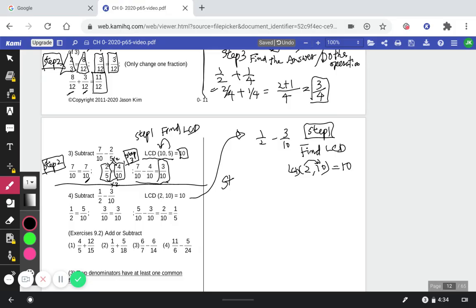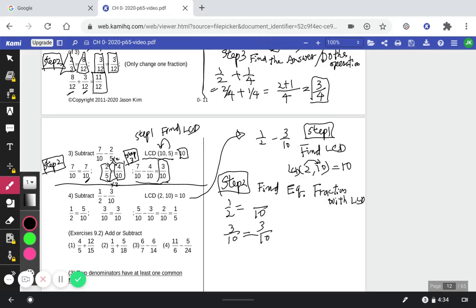Now step 2, find the equivalent fraction of 1/2 in terms of the LCD, in terms of 10, and 3/10 in terms of 10.